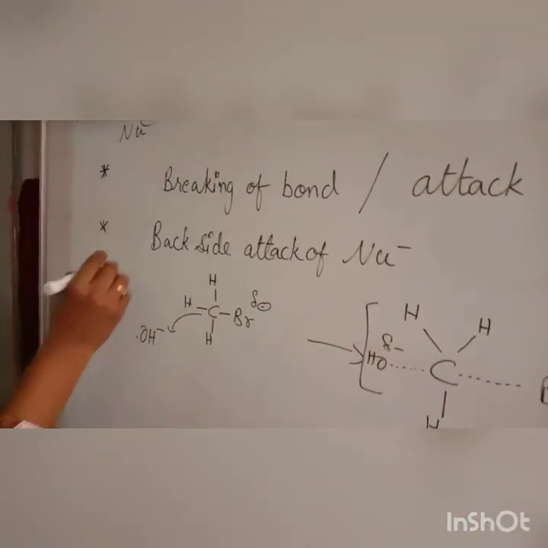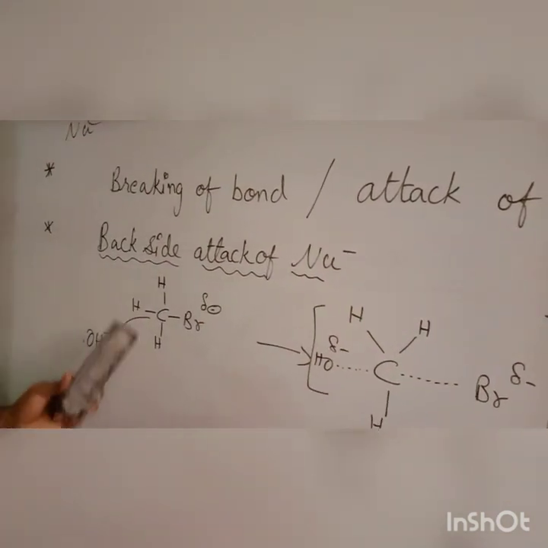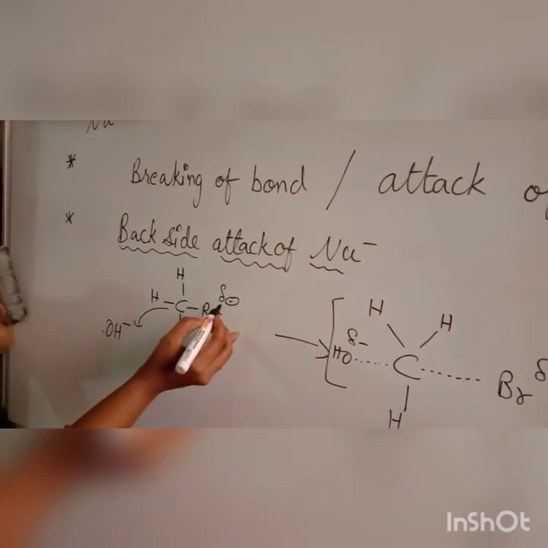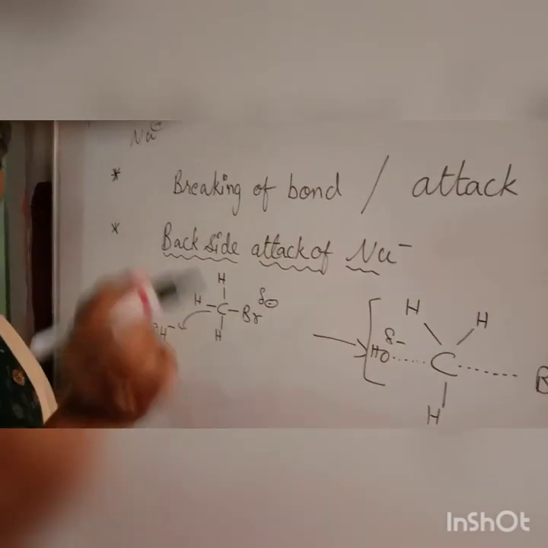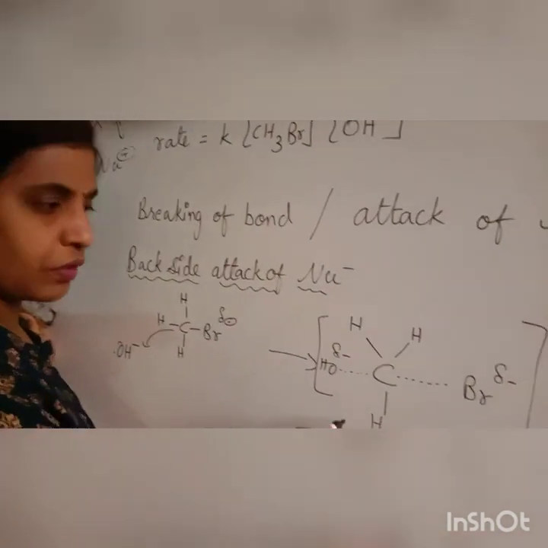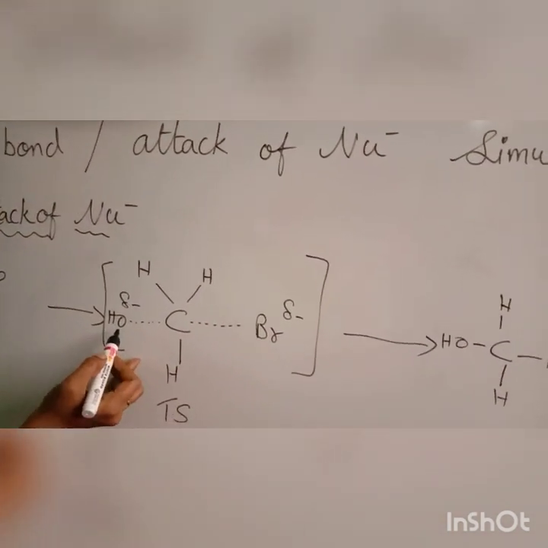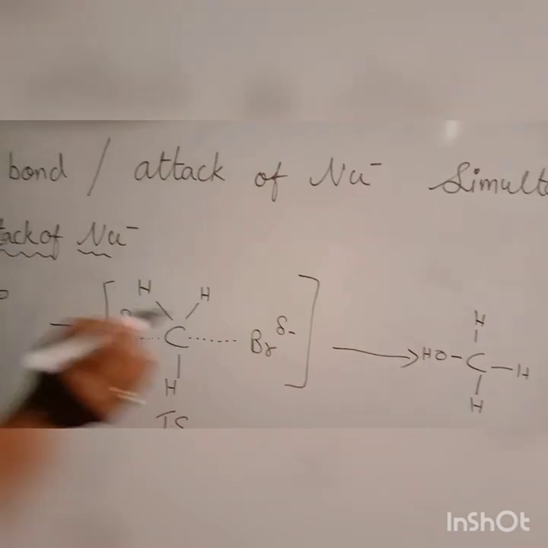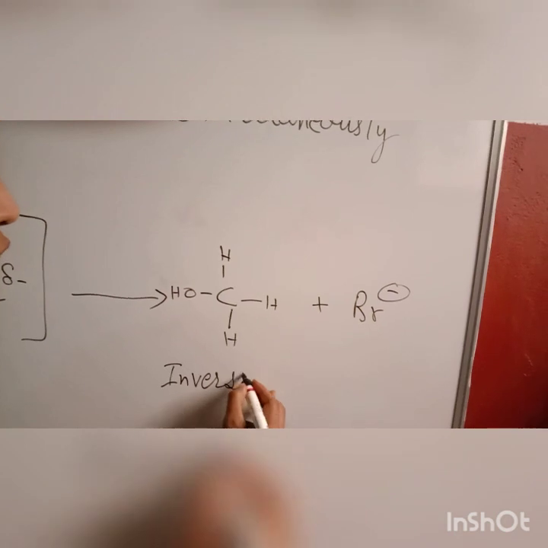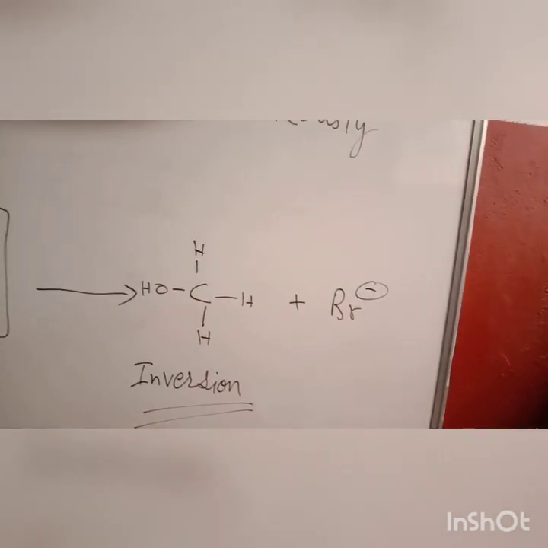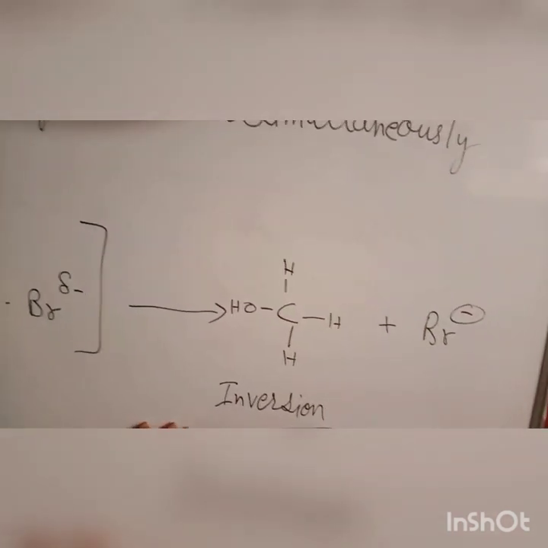This is the important step in the SN2 mechanism, the backside attack of the nucleophile, because with the same charges there will be a force of repulsion, which will not allow the bond to form easily. So the breaking of the bond and the simultaneous attack of the nucleophile take place from the backside, and we have 100% inversion of configuration. Otherwise it is also called Walden inversion.